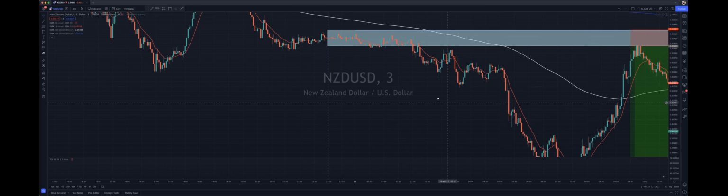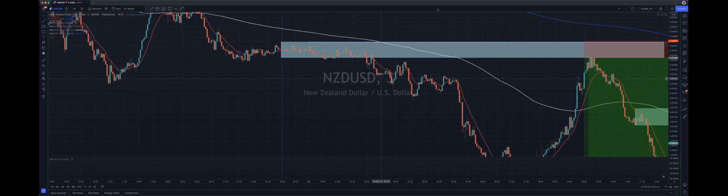So which move broke structure coming from that high? This was your initial structure. This move broke structure. That was the order block candle. So if you're scalping, you can still sell there. So that's also a good point to enter your sells.